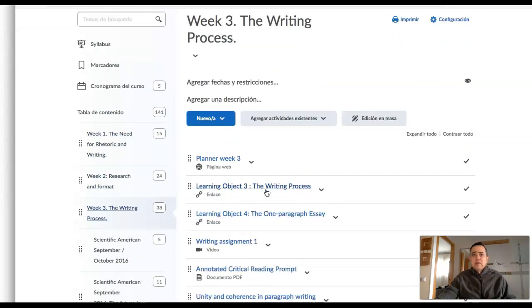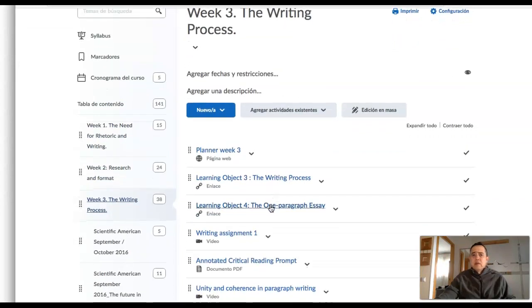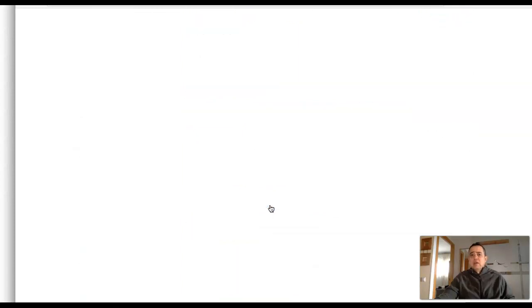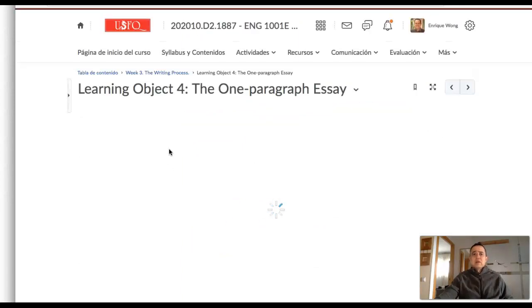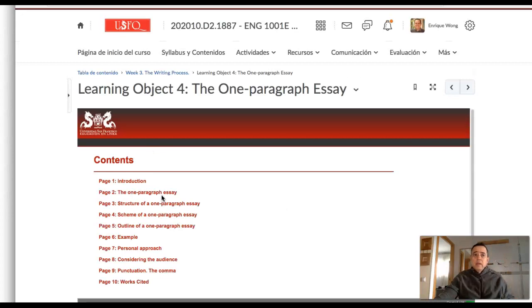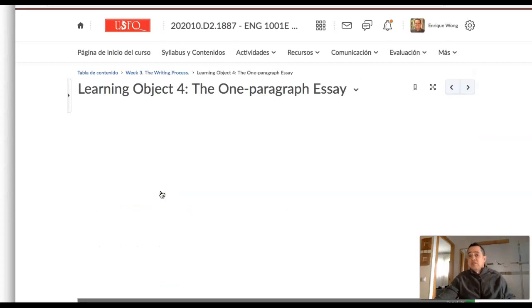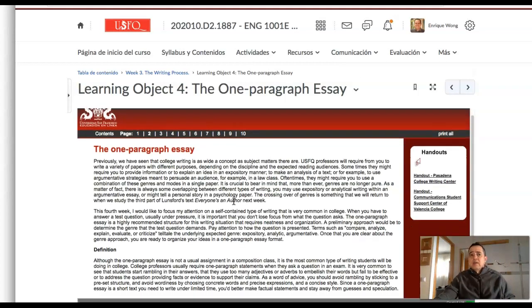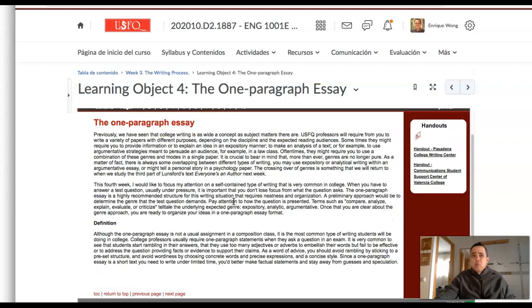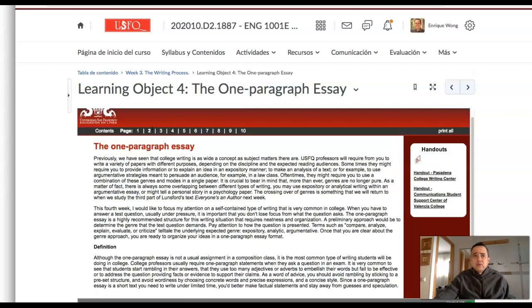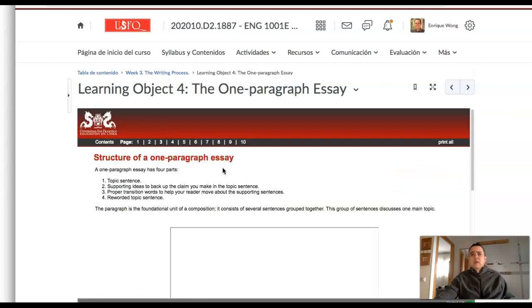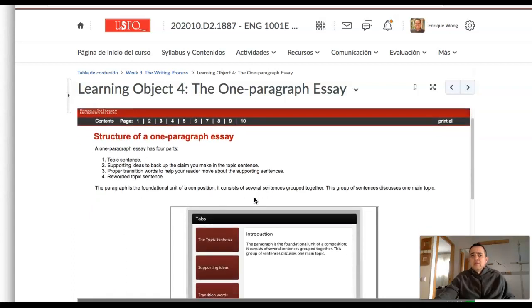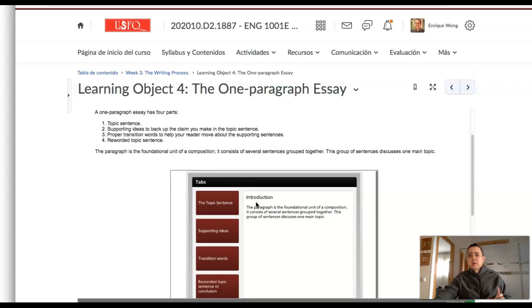If you open learning object 4, the one paragraph essay, you have a detailed explanation starting on page 2, a clear description of the importance and definition of the one paragraph essay, the type of structure that you need to use, some examples, and even another resource helping you put together the one paragraph essay.